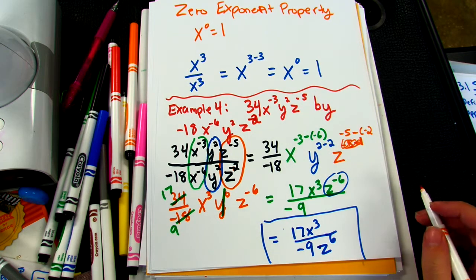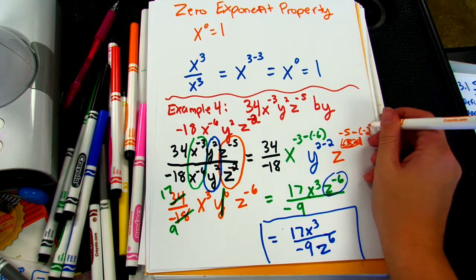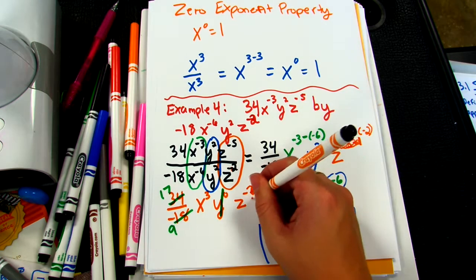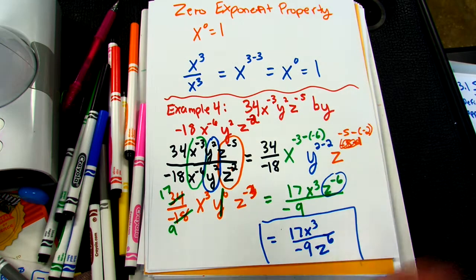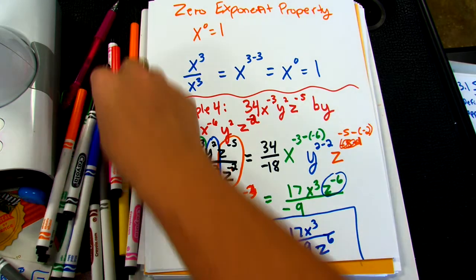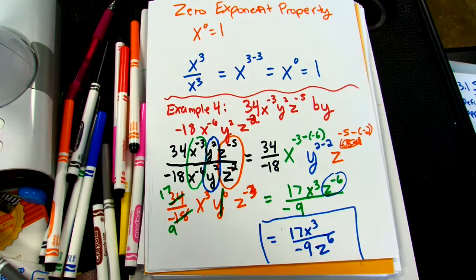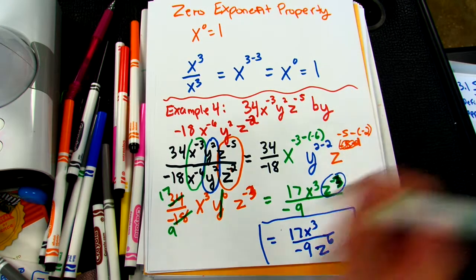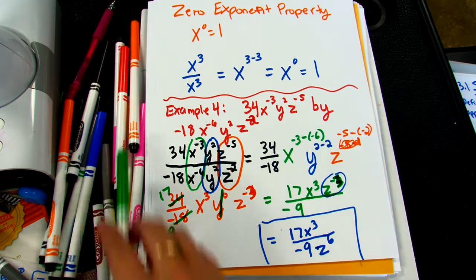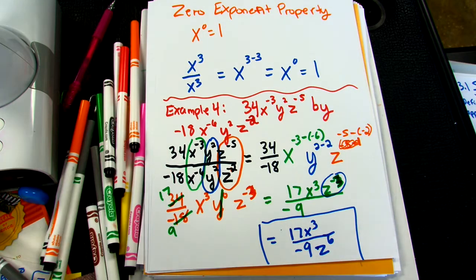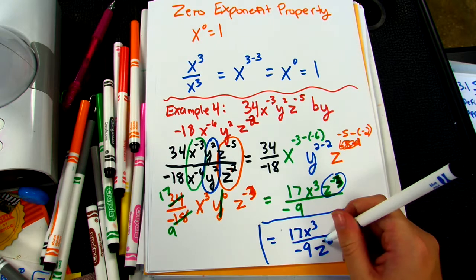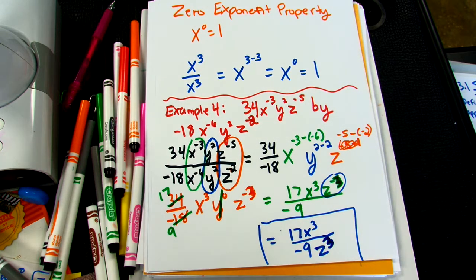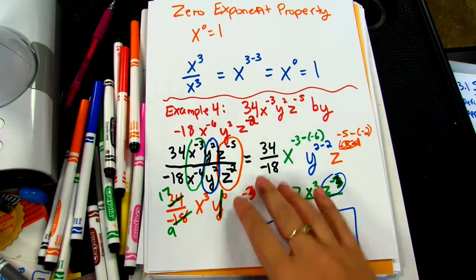And then negative 5 minus negative 2 is negative 5 plus 2, so it would have been negative 3, not negative 6. So that means that instead of moving z to the negative 6 to the denominator, we need to move z to the negative 3 to the denominator. So it'll become z to the positive 3 once it's in the denominator. All right, glad that I caught that.